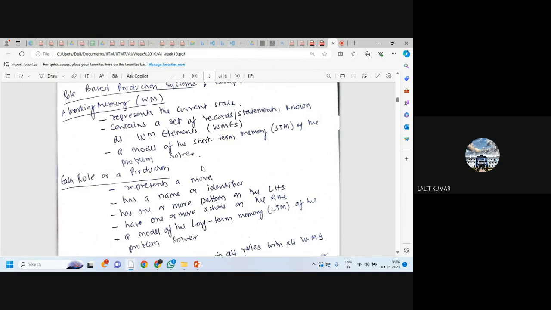Now the third component is the executioner, which is the inference engine. The inference engine is first responsible for matching the rules with the working memory elements. For example, there might be 10 rules, and in the state there might be 1,000 patterns.